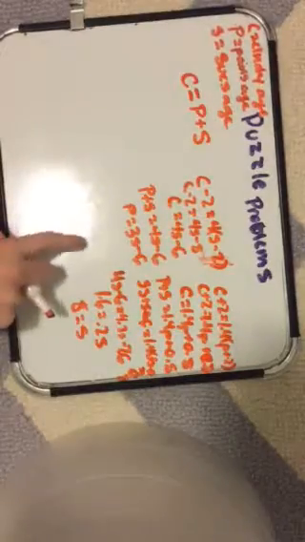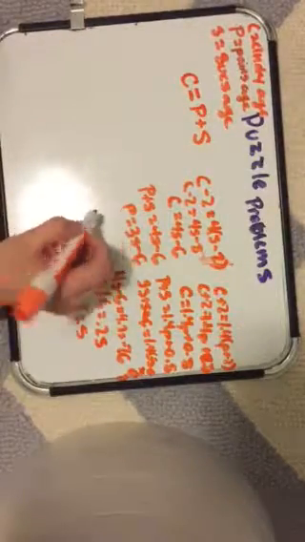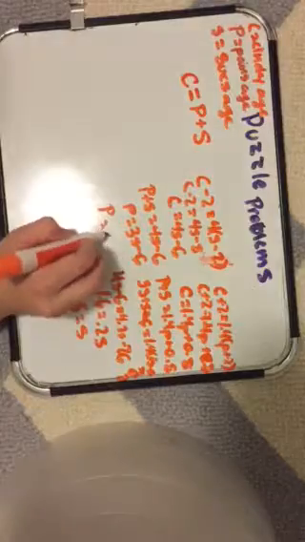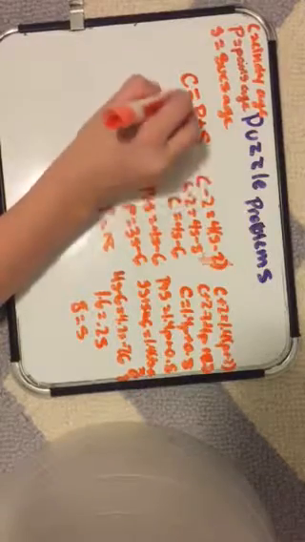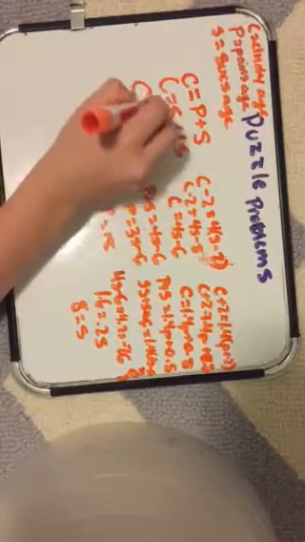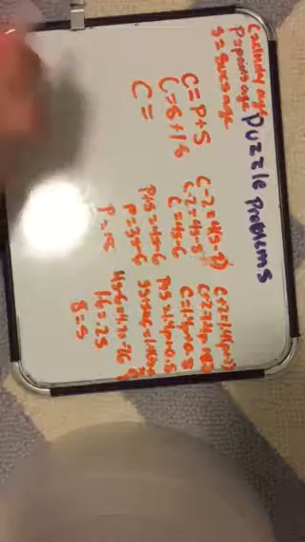8 equals S. Now once we plug this into this next equation, we can find out that P equals 18, and once we do 8 plus 18 equals C, we know that C equals 26.